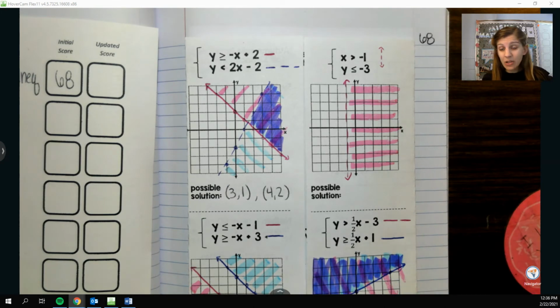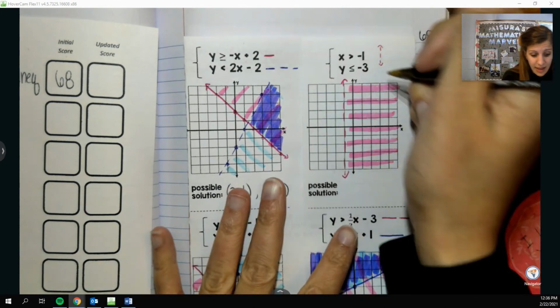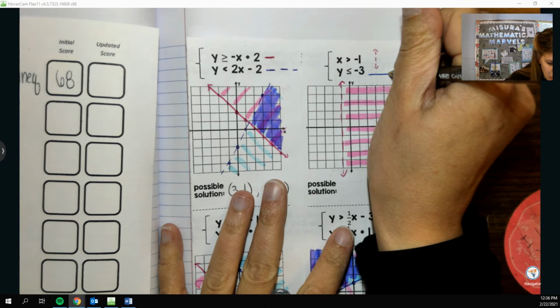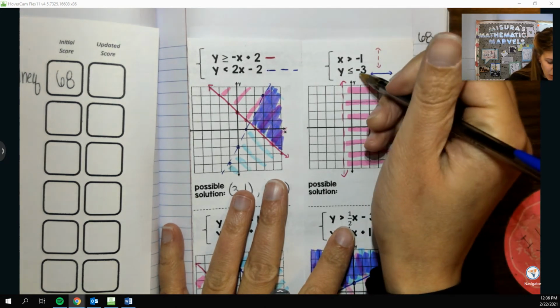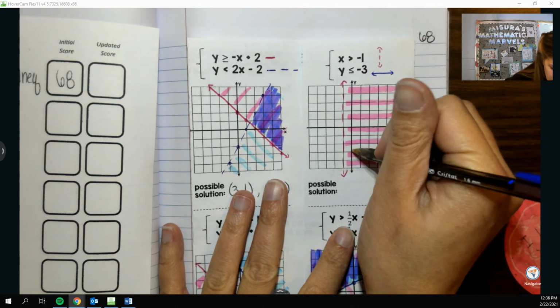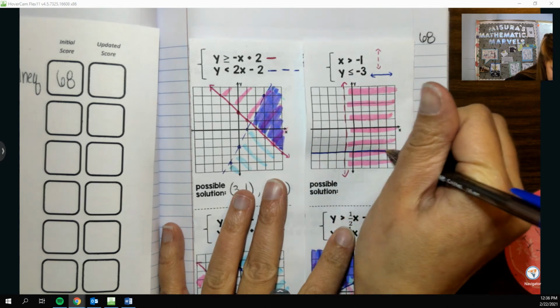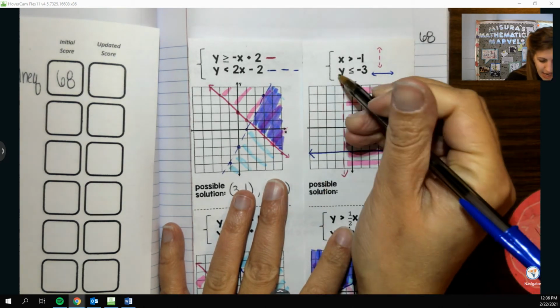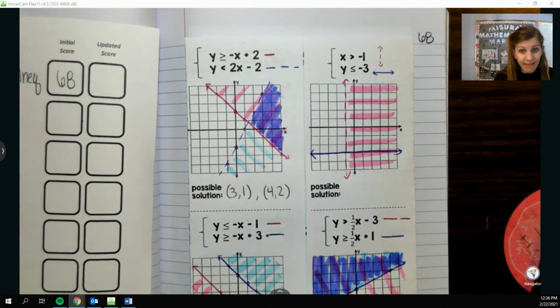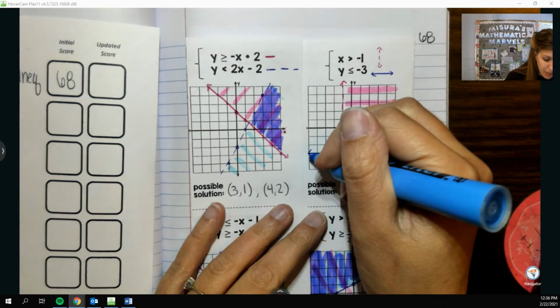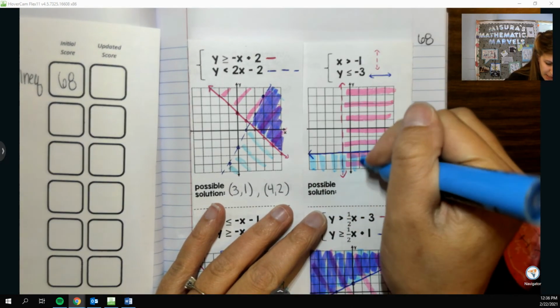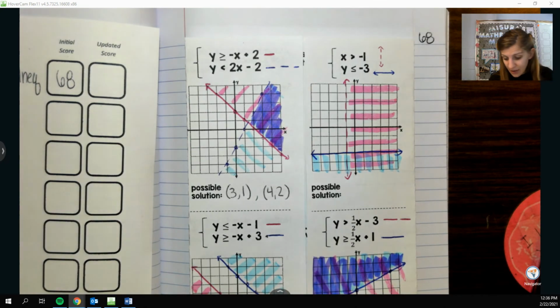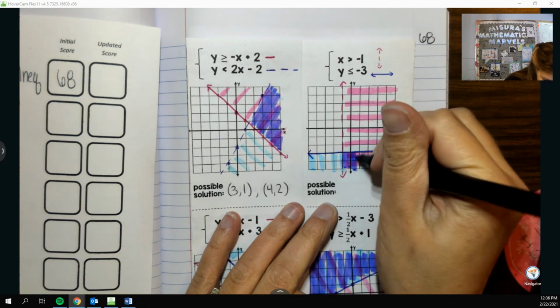Then when I have just a y equation with no x, that's a horizontal line. This one will be a solid one because it's equal to, through -3. And y is less, and less is under or below, so all this stuff down here. I do have overlapping in just this little bottom quadrant right down here.